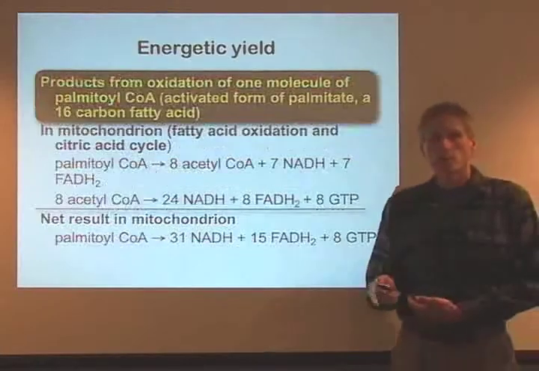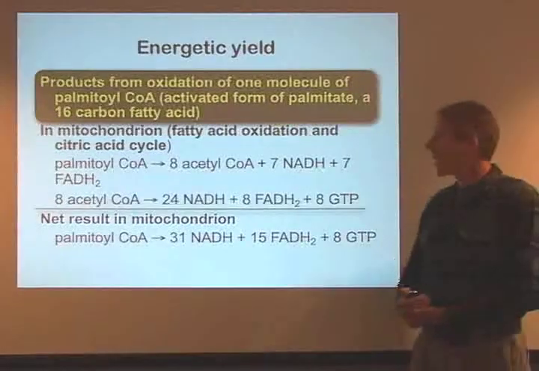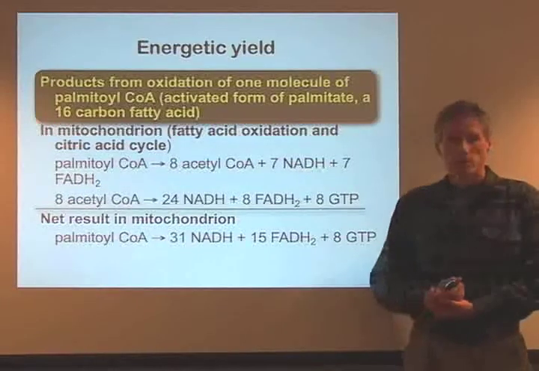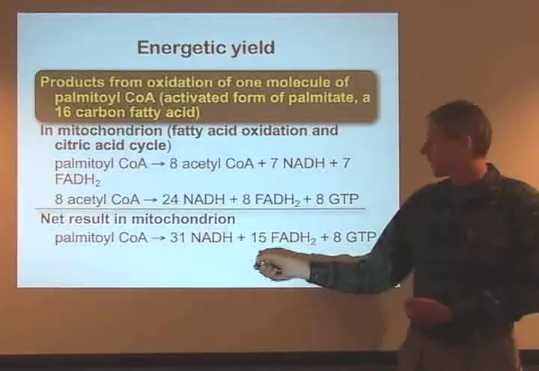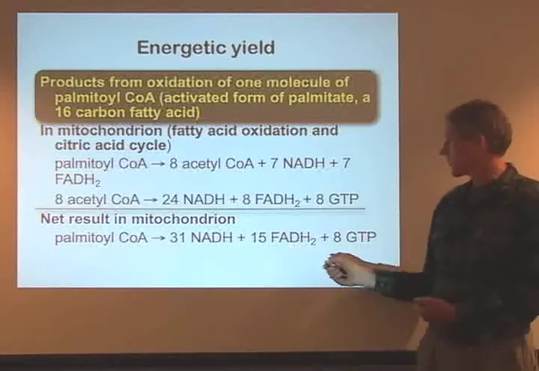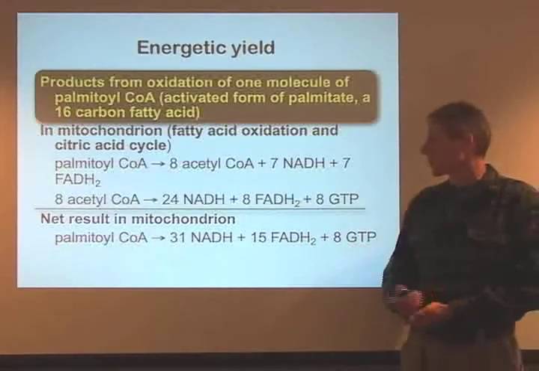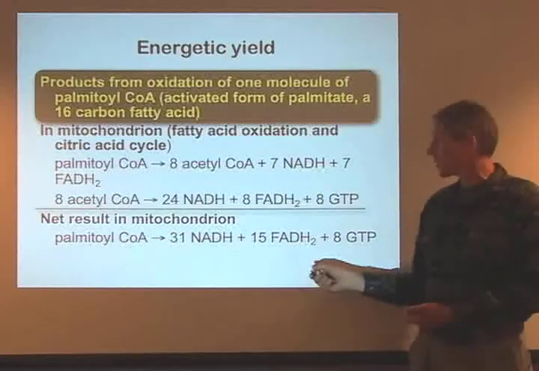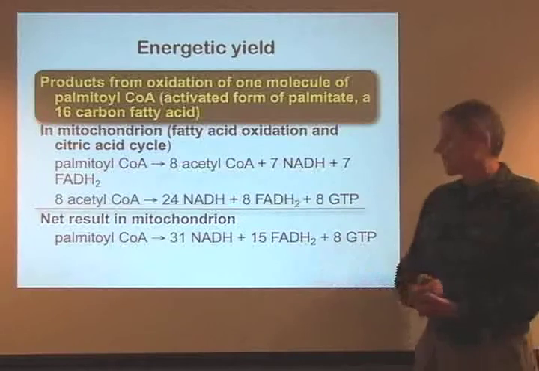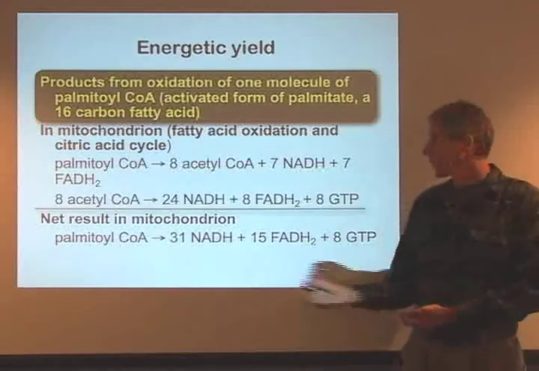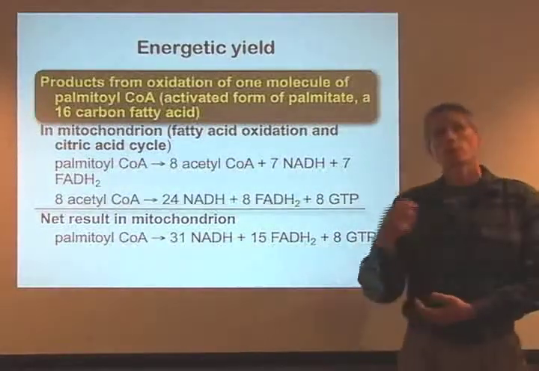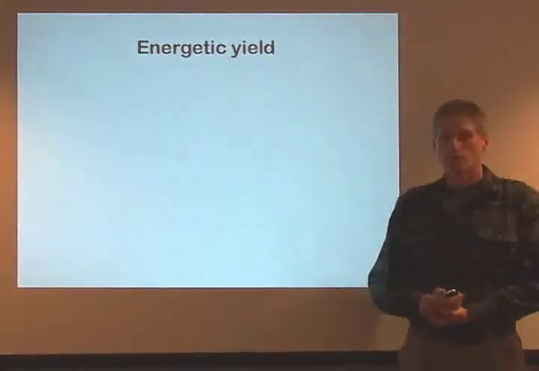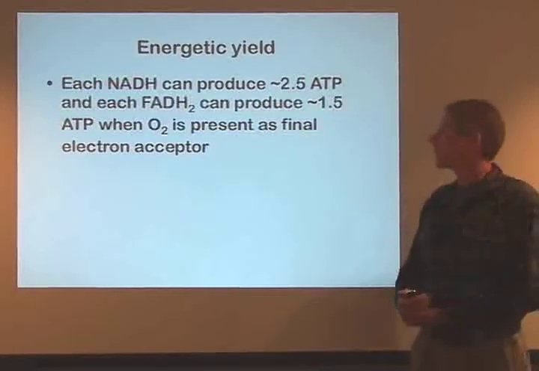But wait, there's more. From fats, for example, from a 16-carbon fatty acid, you get 31 NADHs and 15 FADH2s plus 8 GTPs. So one molecule of fat gives you a lot more of these than does glucose. And then these will be used to go down the electron transport chain for oxidative phosphorylation to make a lot more ATP.